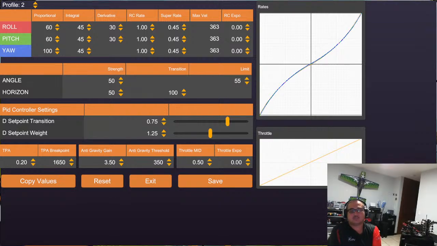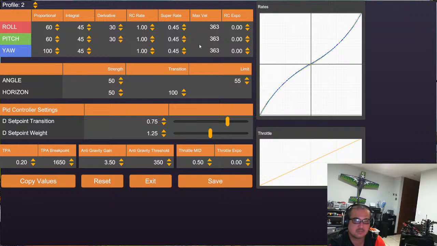Let me talk about linear real quickly. This is gonna be controversial for some people. A lot of people like linear rates because they want the predictability. There's absolute truth to that, but here's when you take it too far. Let's make an example out of this.